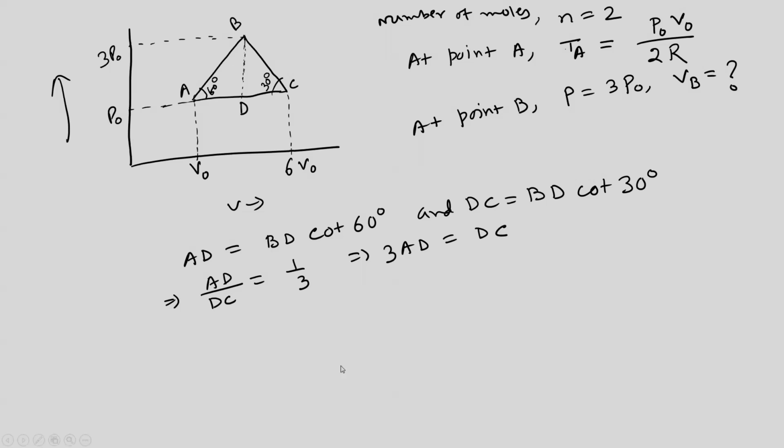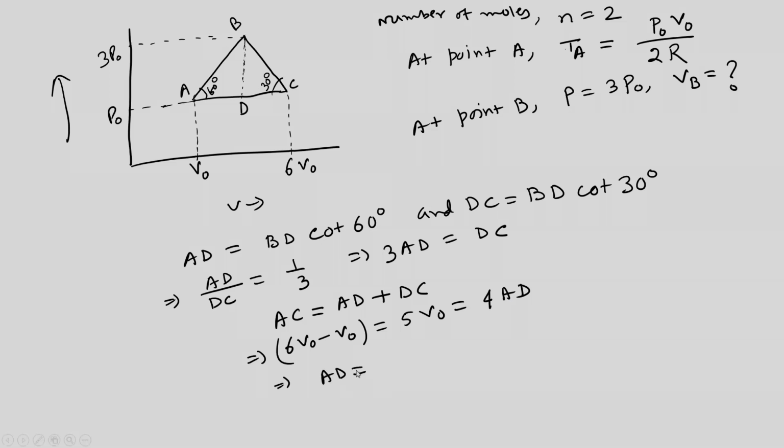Okay, now, what is AC? So, AC is AD plus DC, and value of AC is 6 V naught minus V naught, nothing but 5 V naught, and AD and DC is 3 AD, so it gives 4 AD. So, AD is 5 by 4 times V naught.